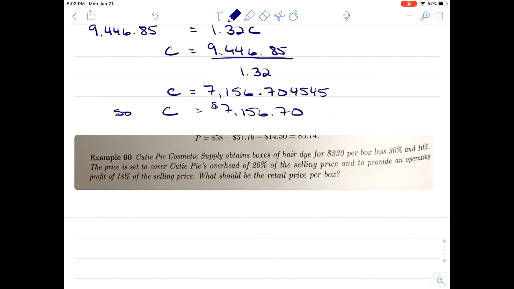What should be the retail price per box? I think we can reword that question. What should the retail price be? Or essentially, find the selling price. That's what we're really after here.